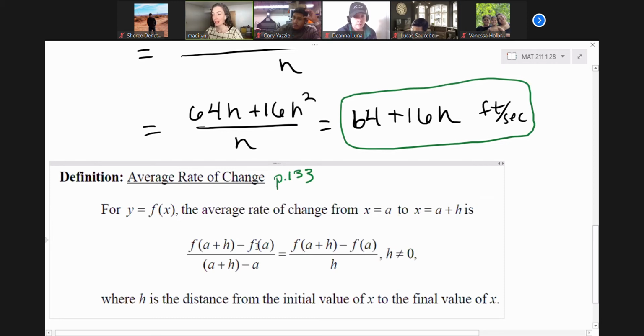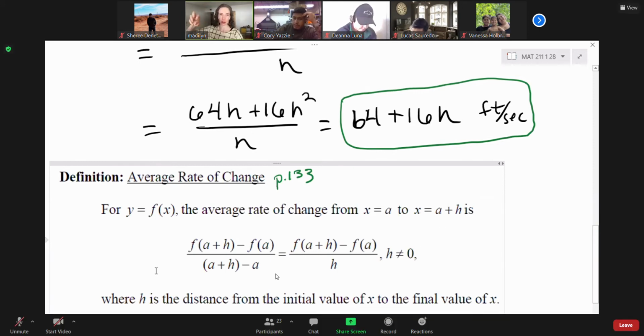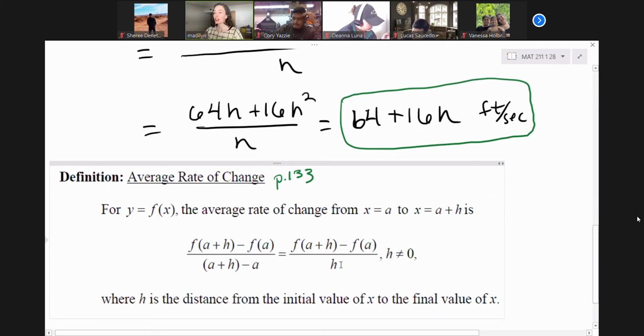And so this is exactly what we were just doing. We plug our ending point into F minus our starting point into F divided by the difference between those in the denominator. And so H will always be the thing in the denominator because our A always gets canceled like it did in the 2 plus H minus 2 up above.